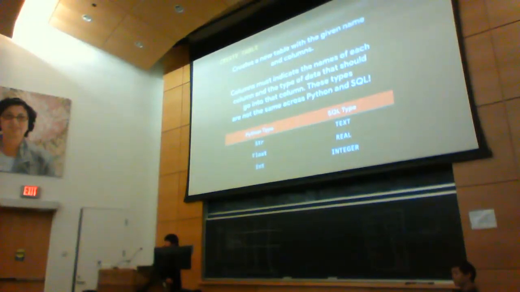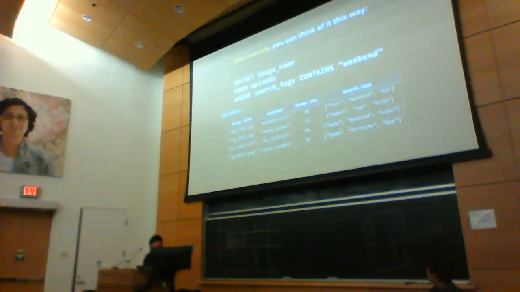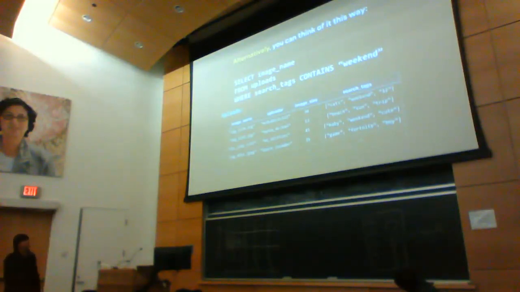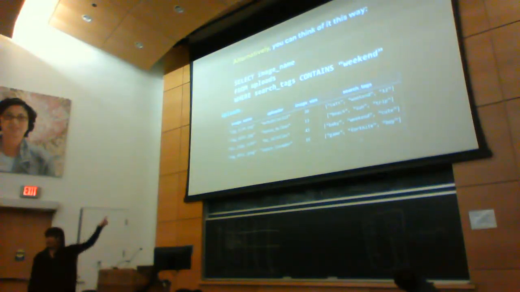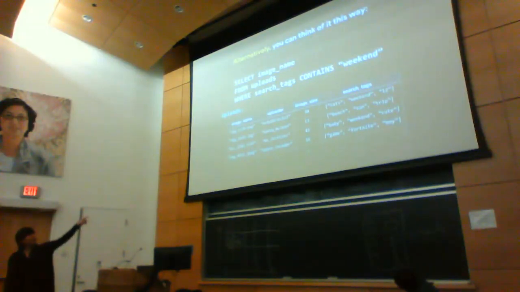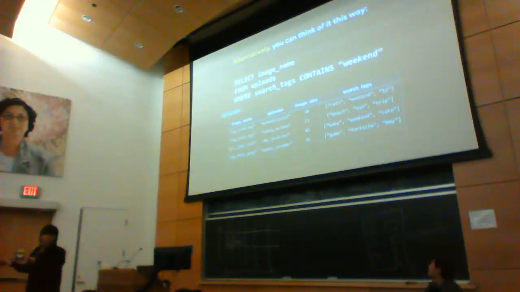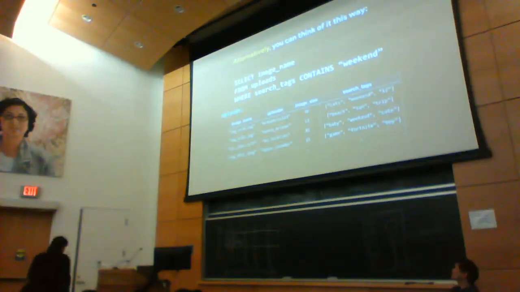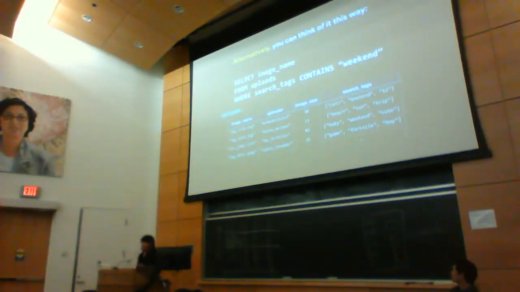So for example, if I want to create this table we had earlier, then I would have to say CREATE TABLE uploads, and then in brackets I would have image name TEXT because it's a string, uploader TEXT, image size INTEGER because it's an int. You're not going to be adding lists. But you have to specify the name of the table, the name of the columns, and the type of variable that goes into each of these columns.